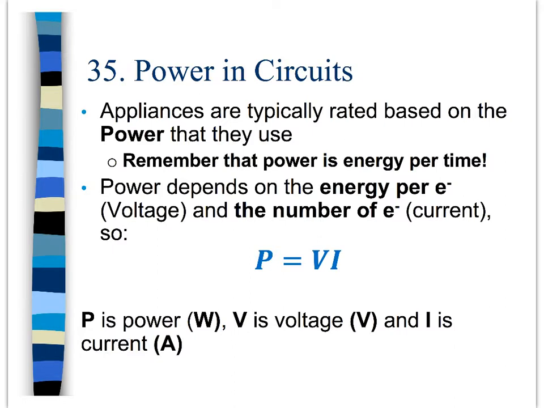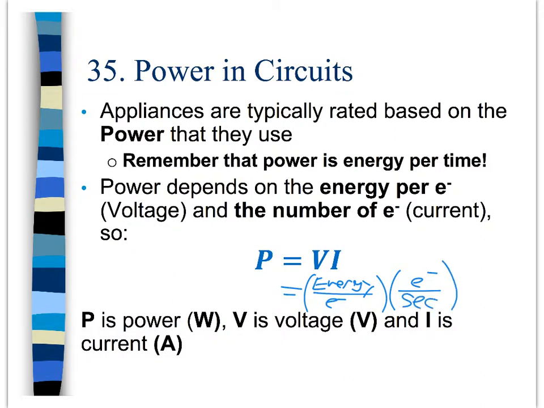That power really depends on the energy per electron and the number of electrons per second. So if we think about this, power is voltage times current. Voltage is really the energy per electron, and current is really the number of electrons per second.